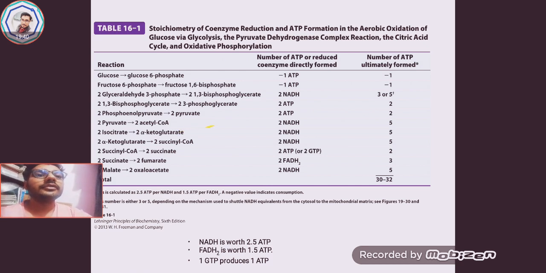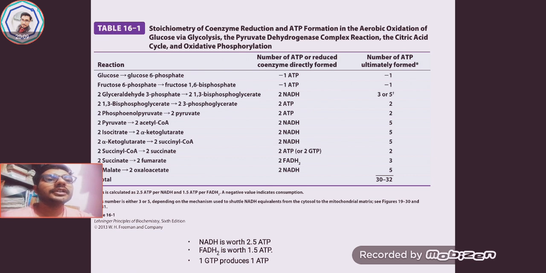Pyruvate gets converted into acetyl coenzyme A. It will give 2 NADH, and isocitrate converting into alpha ketoglutarate will give 2 NADH, and similarly alpha ketoglutarate will give 2 NADH.